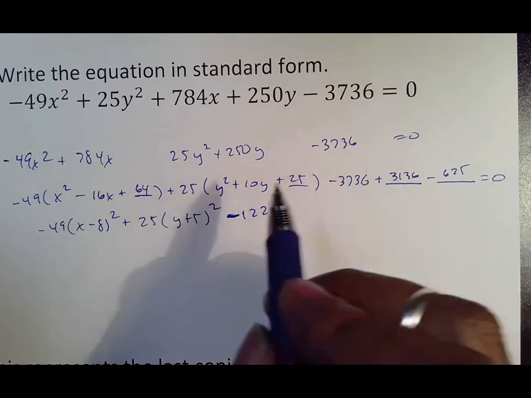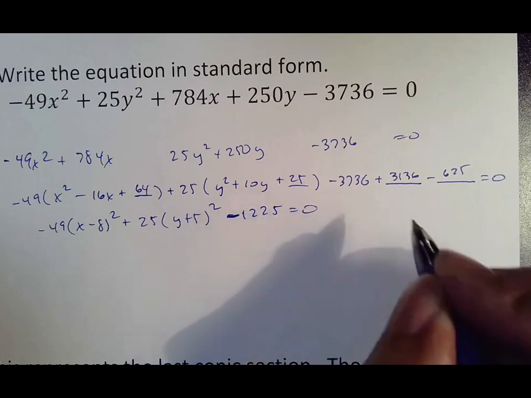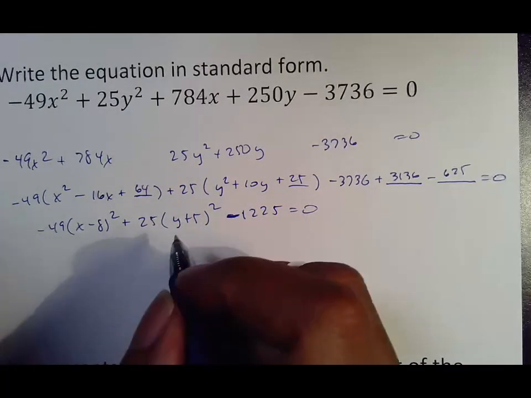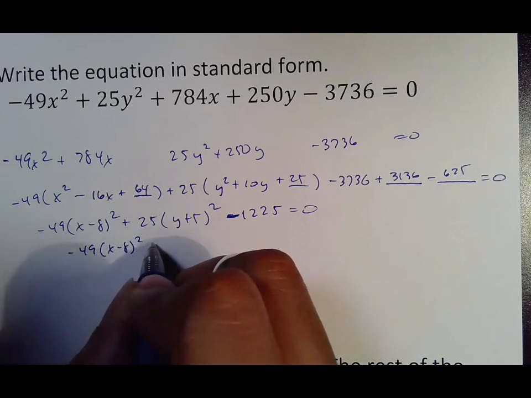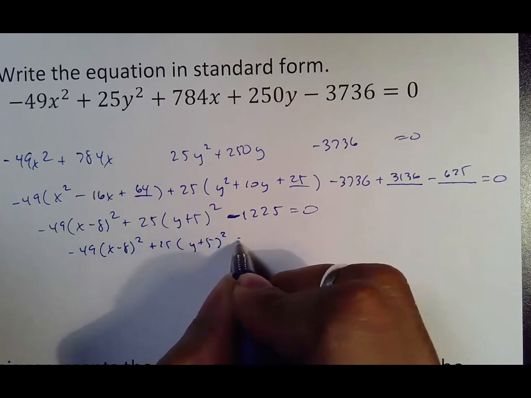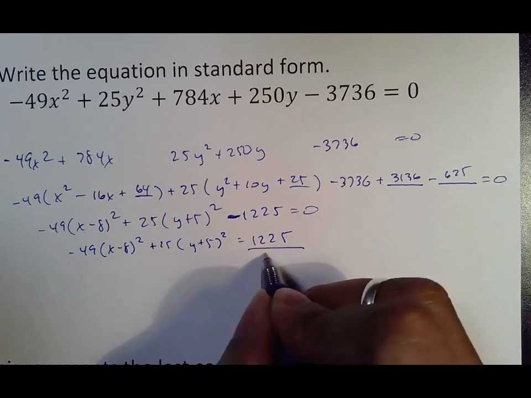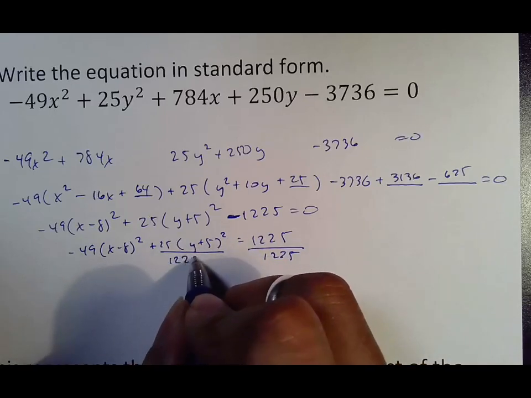Which again, would be a smart shortcut if you're going to practice these enough, to just move it over, but we'll do it the standard way for now. That's why I almost put equals. Then we of course move it, so negative 49 times x minus 8 squared plus 25 times y plus 5 squared equals 1225. And of course the last thing you do is divide, because we need that to equal 1.